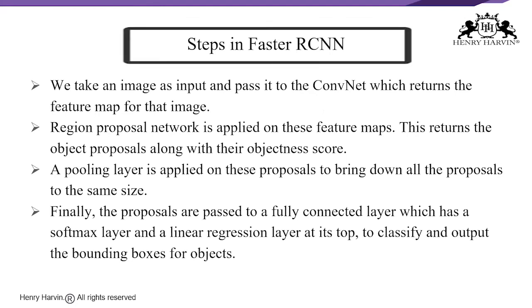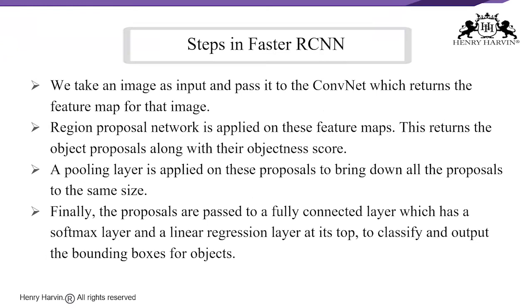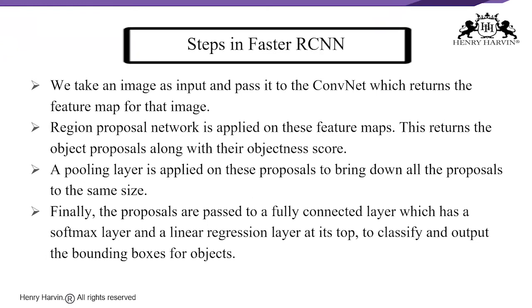So what are the steps in Faster RCNN, right? In the first step, it takes an image as an input and passes it to the ConvNet. Then it returns the feature map for that image. The second step is that the RPN, region proposal network, is applied on these feature maps.